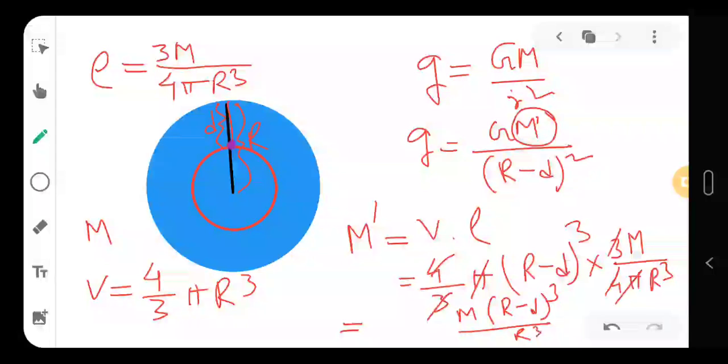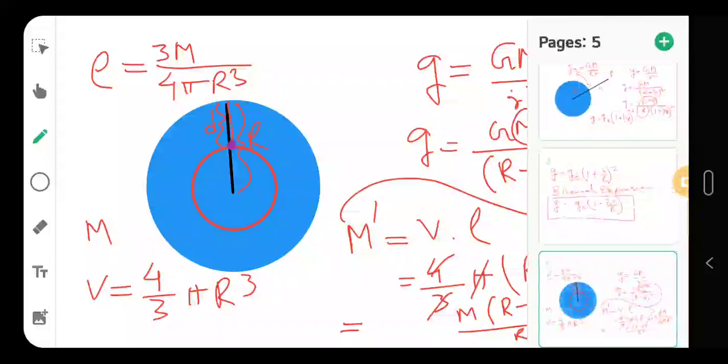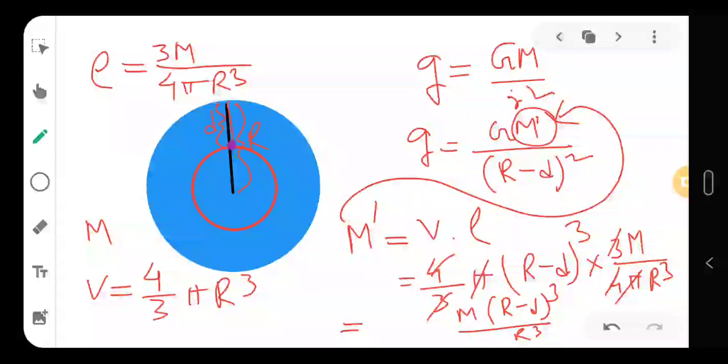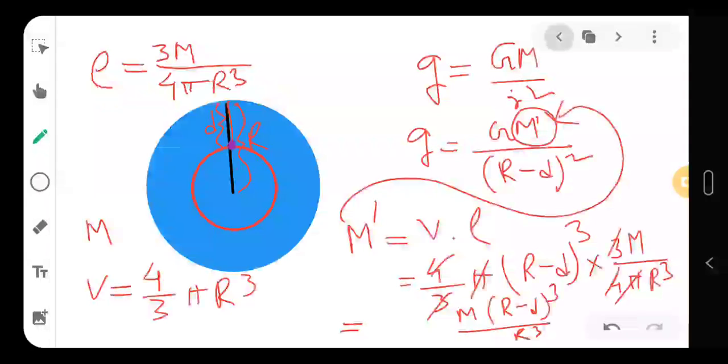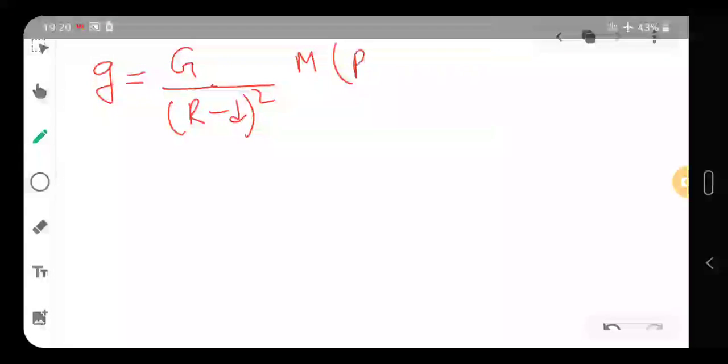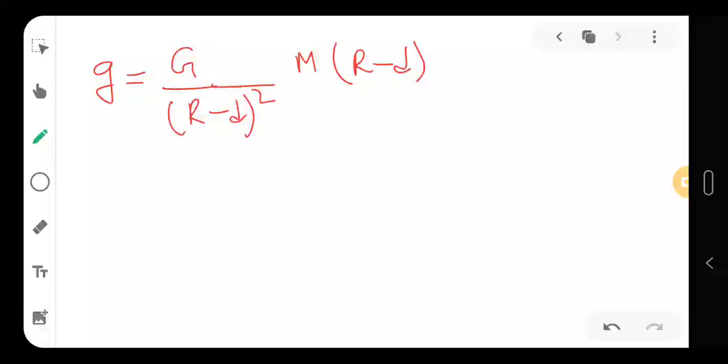So if I use this formula and put the value of m prime here, what will I get? I'm writing it here. G is G. Now instead of m prime I will write, and downside it was r minus d whole square. So this is r minus d whole square. m prime is m times r minus d cubed divided by r cubed, right?